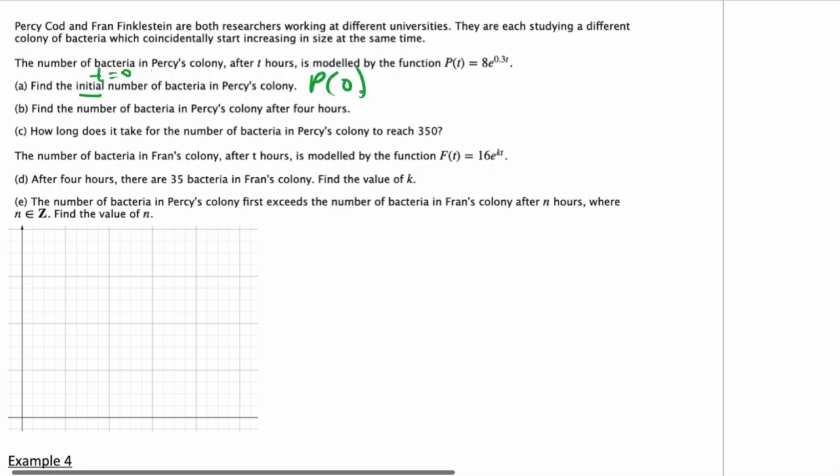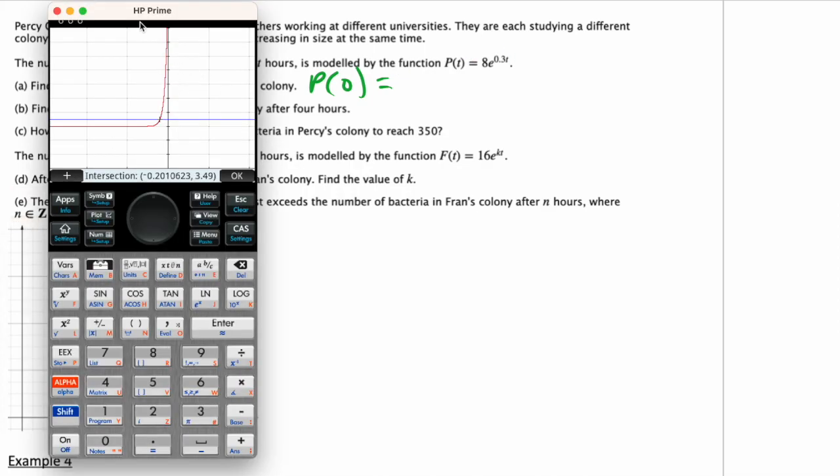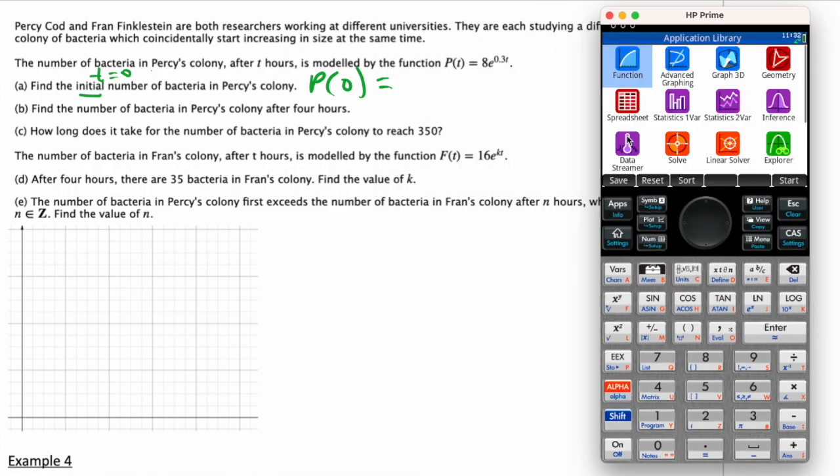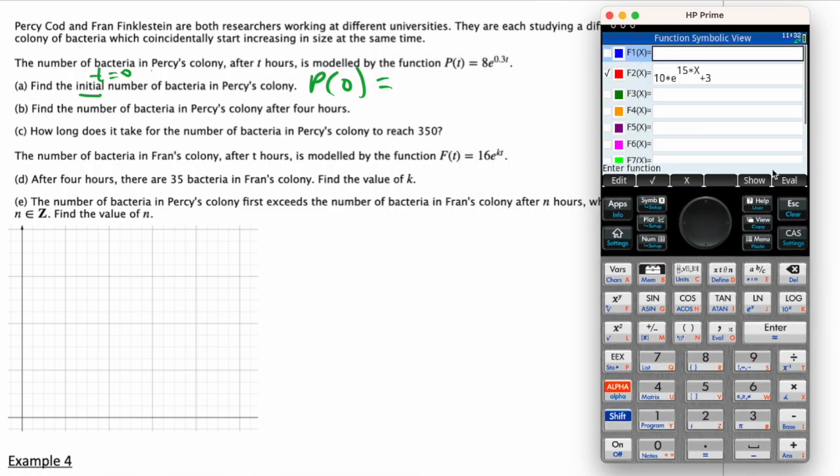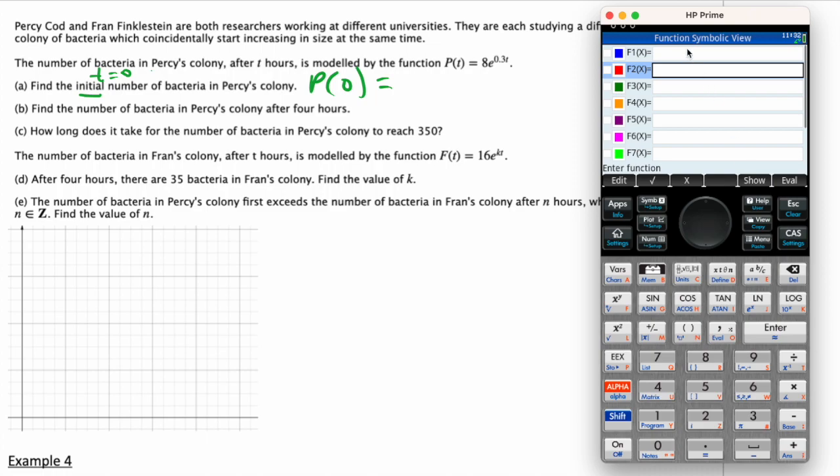So we just do p of 0. We can type in 0 here into our calculator, but we're going to have to graph this eventually, so let's just type it into our calculator and get all of our answers from there. 8 times e to the power of 0.3 times x.